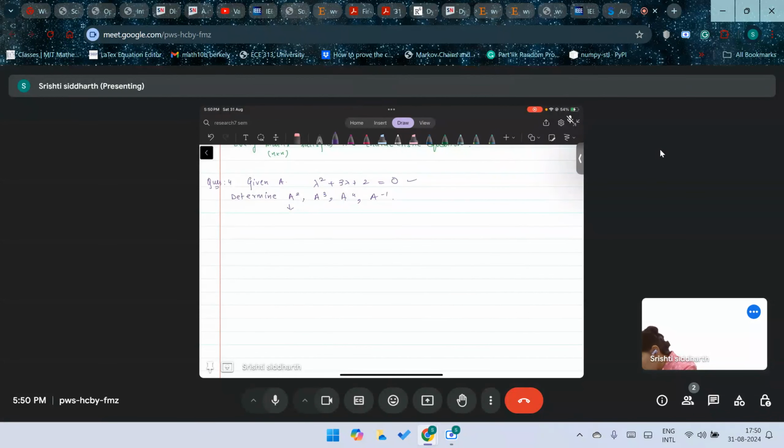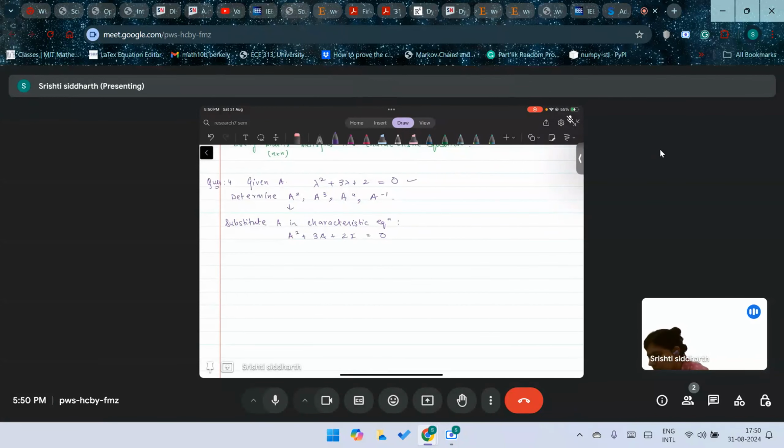So let's see. Substitute the matrix A in the characteristic equation. So we get A square plus 3A plus 2 times I, so that this summation makes sense.